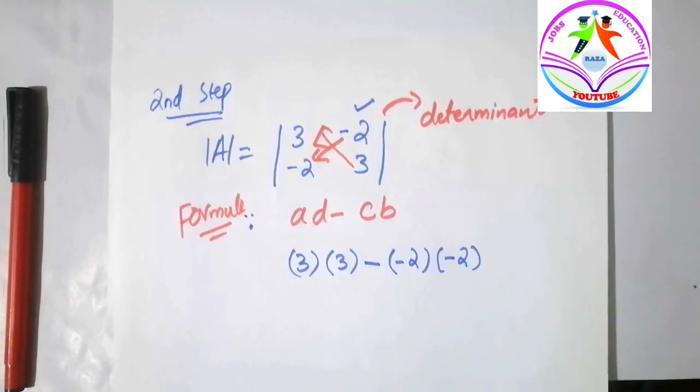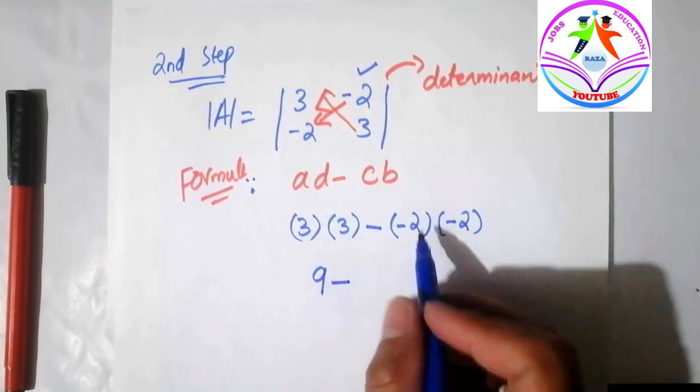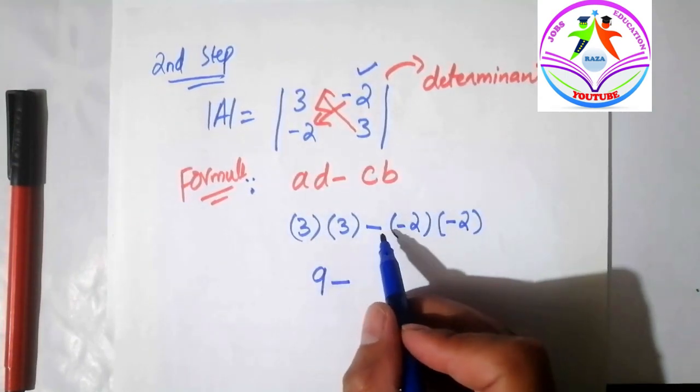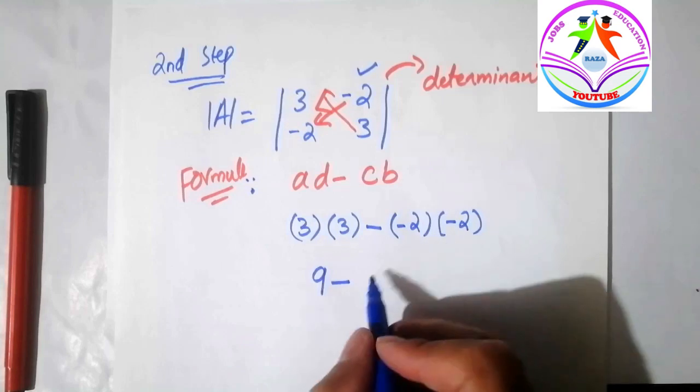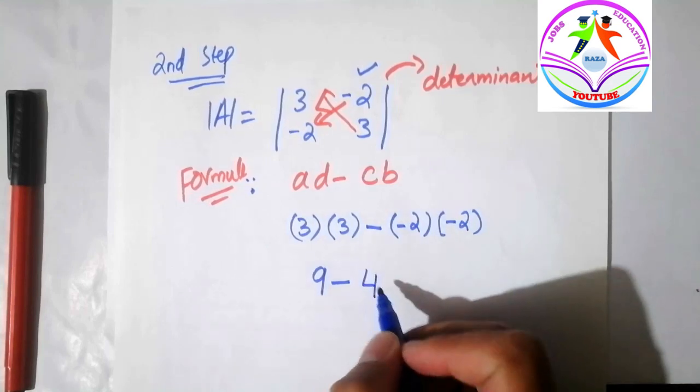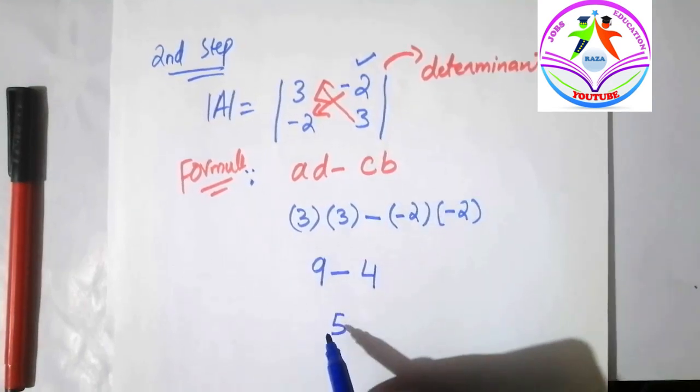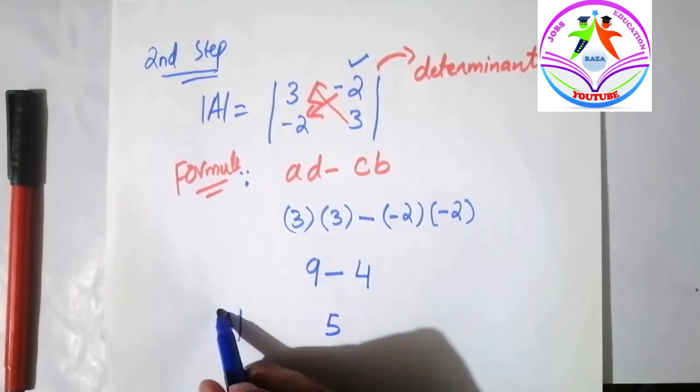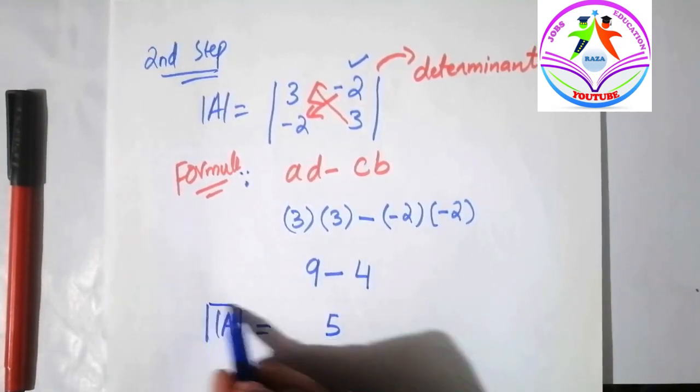We calculate: 9, minus into minus is plus, plus into minus is minus, so 9 minus 4, and this is 5. The determinant of A is equal to 5.